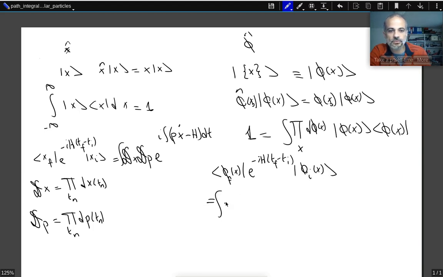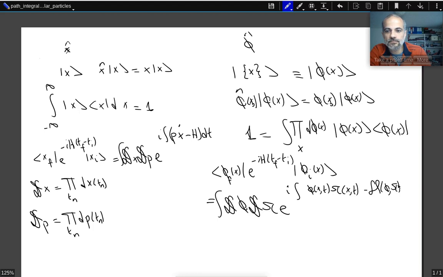This will be equal to a measure over the fields, a measure over the corresponding momenta, e to the power i integral of phi of x,t times pi of x,t, the conjugate momentum, minus the Hamiltonian density of phi and pi, integrated over all space-time. These are the densities.